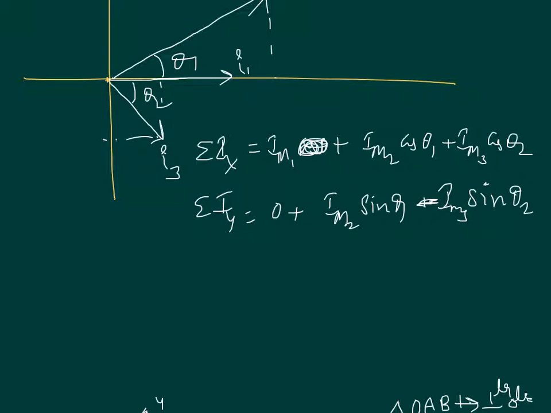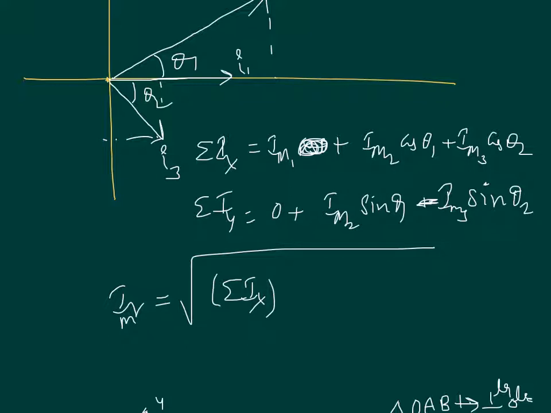In this way we sum up the total y components and x components, and the resultant maximum current IR equals the square root of the sum of Ix whole square plus the sum of Iy whole square.